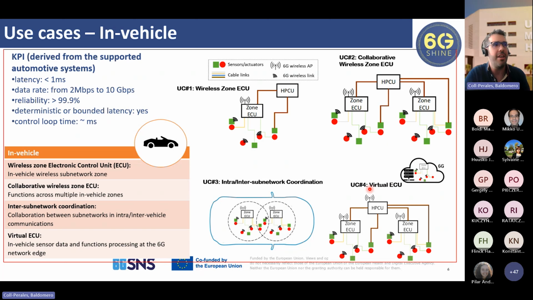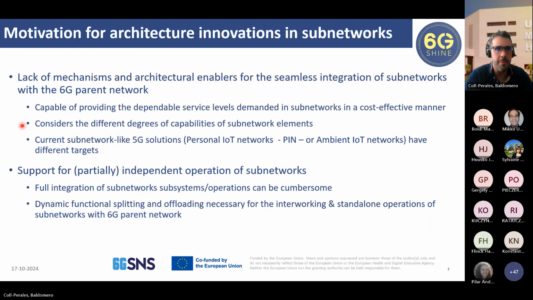And finally, a use case that exploits the integration with the cellular infrastructure for the offloading of certain in-vehicle functions or certain computing functions to the network. In this case, the requirements come from automotive systems like ADAS or the infotainment system that this subnetwork has to support in terms of latency, data rate, reliability, determinism, and control loop time.